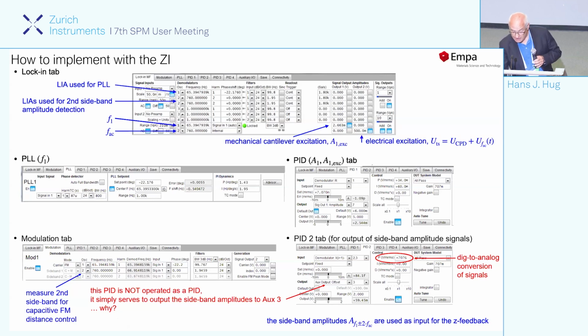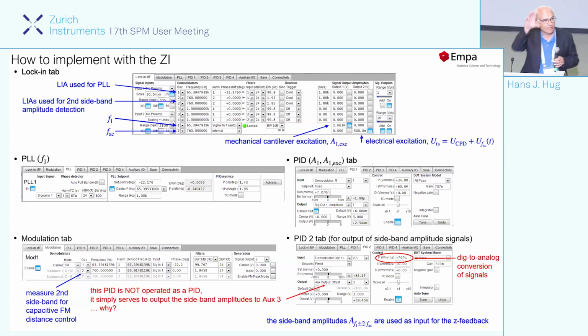We actually use a PID to measure that amplitude signal. And we don't really use it as a PID. We just have a P value here. We don't have an I value. And that's just to output the signal amplitude of the sideband to some AUX3 here that we use. So that's a bit of a strange implementation.